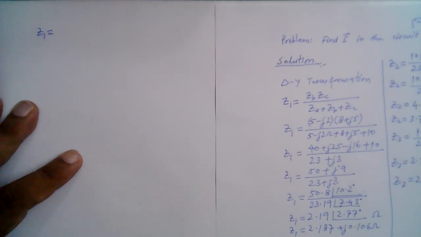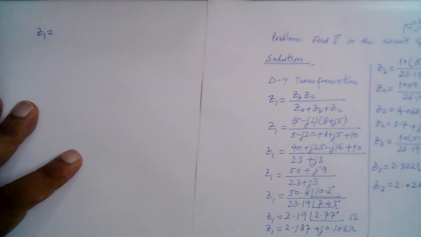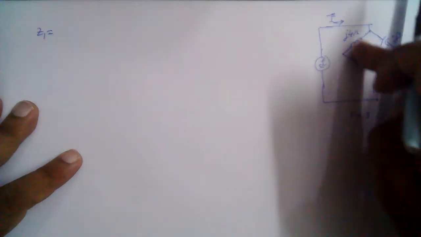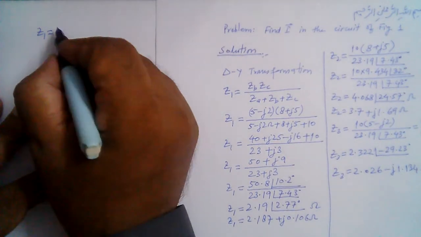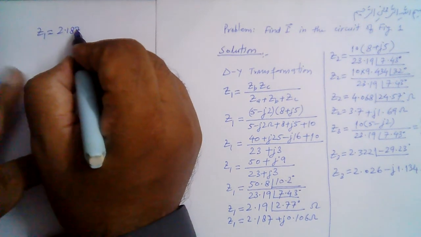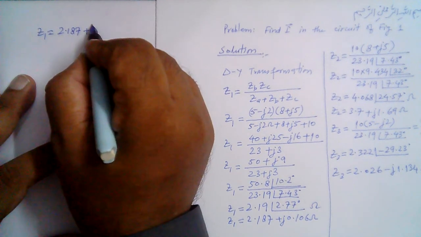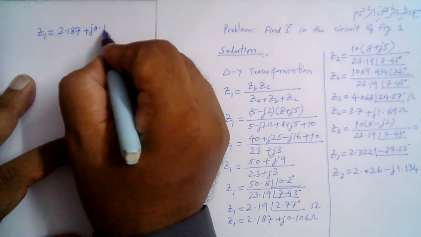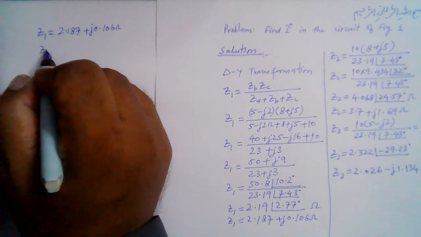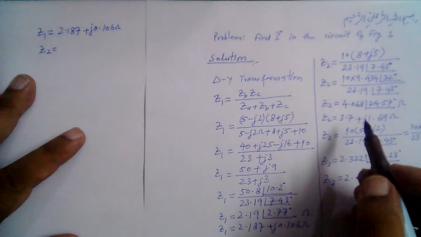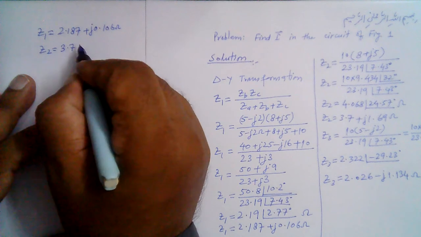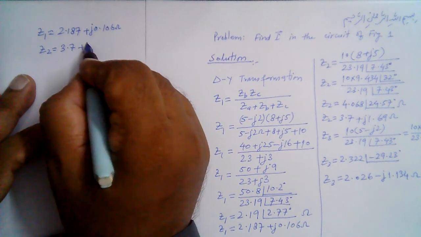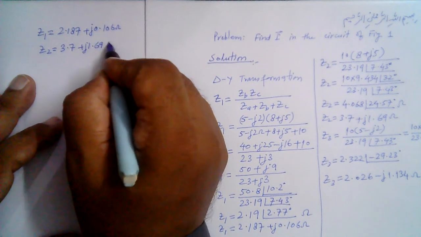As we are going to add these impedances, I will use the rectangular form, right? So Z1 is equal to 2.187 plus j0.106 ohm, and Z2 is given by 3.7 plus j1.69 ohm.